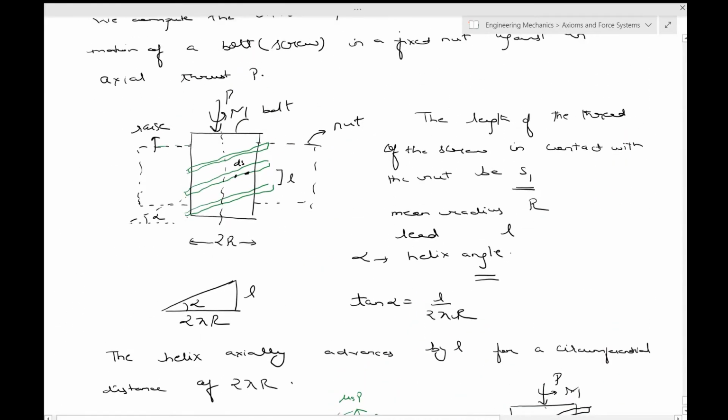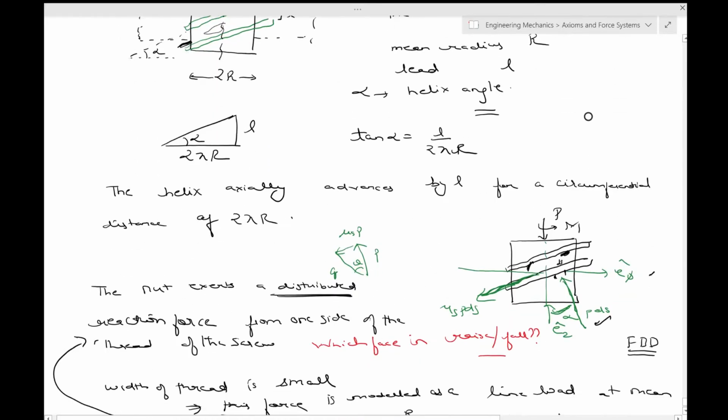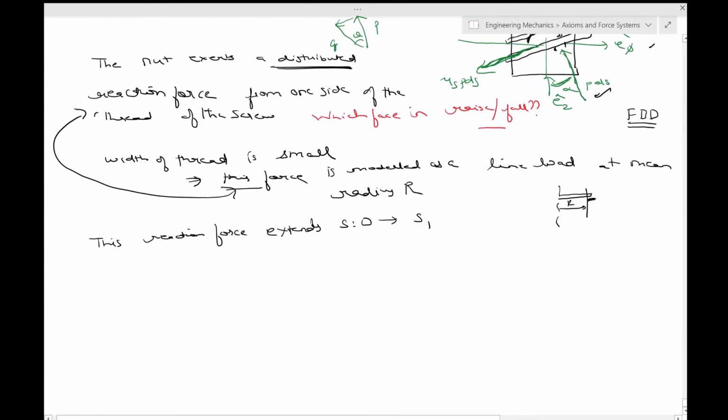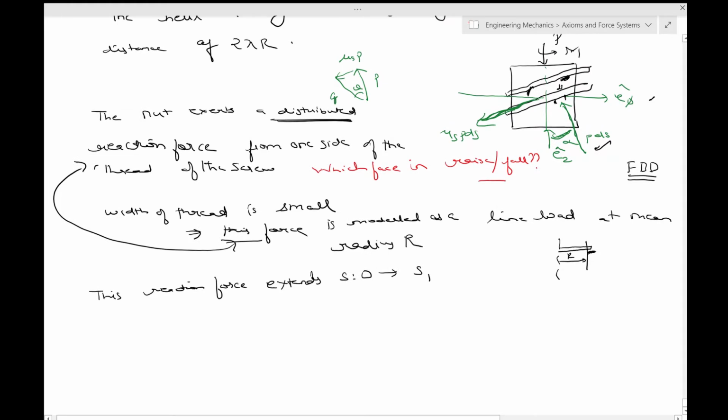Say the thread enters over here in this nut and then keeps on rotating within the nut in a helical fashion, and finally emerges out. So S1 is that particular final path coordinate. That's why we say that this reaction force extends from S equal to 0 to S equal to S1.